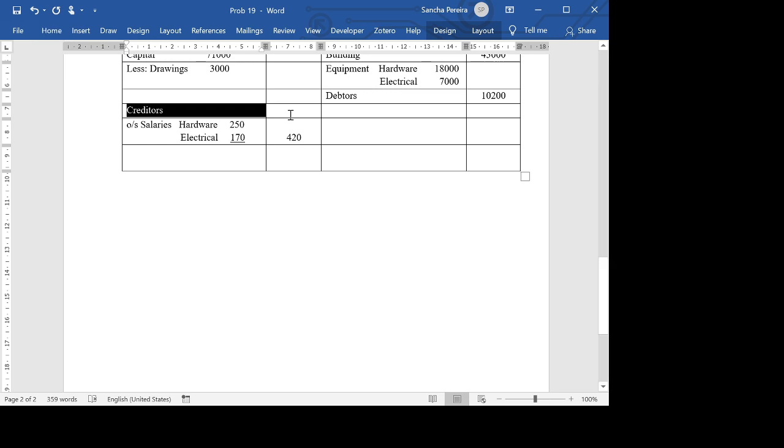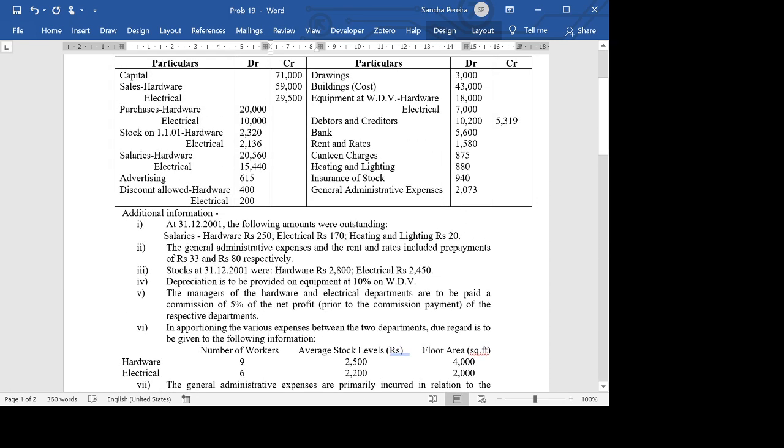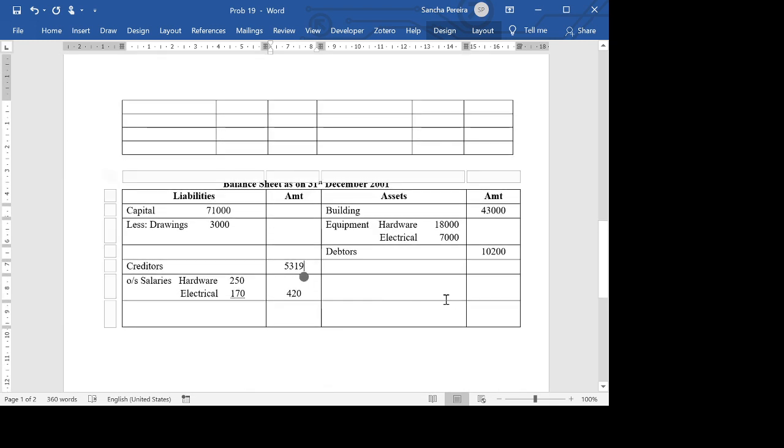Creditors are 5,319. Then there is a bank, that's cash at bank, 5,600. Or we can just write bank. It's basically cash at bank, 5,600.